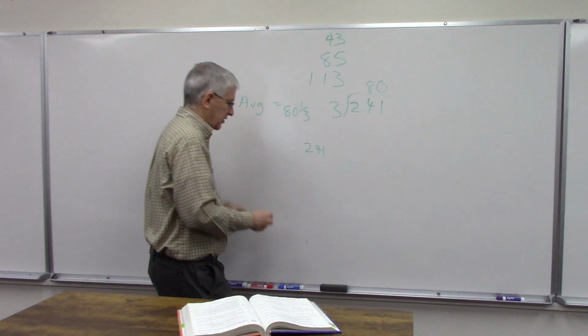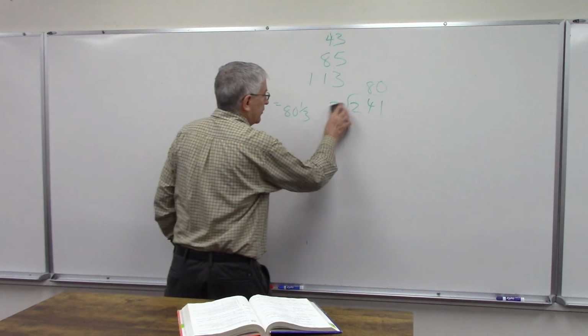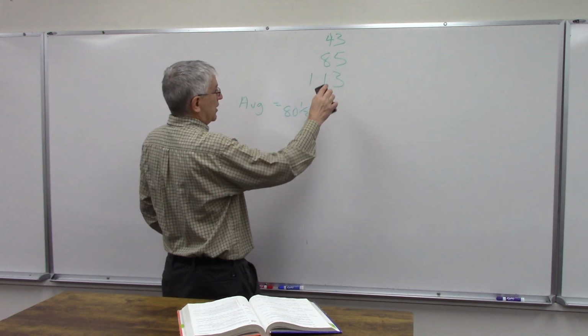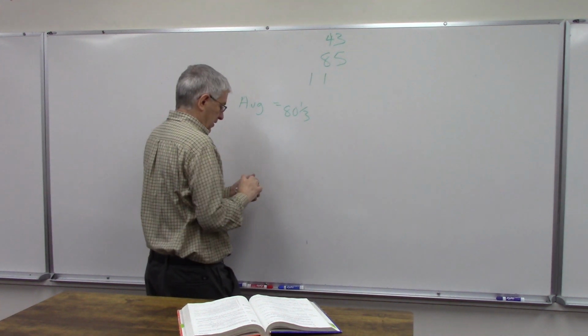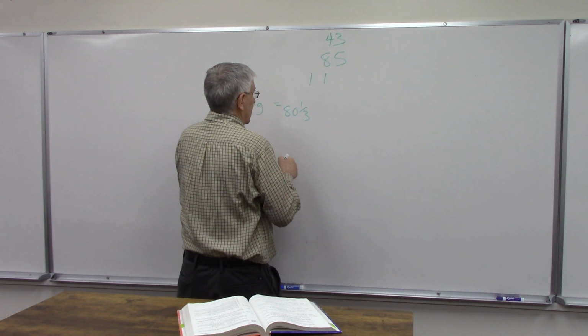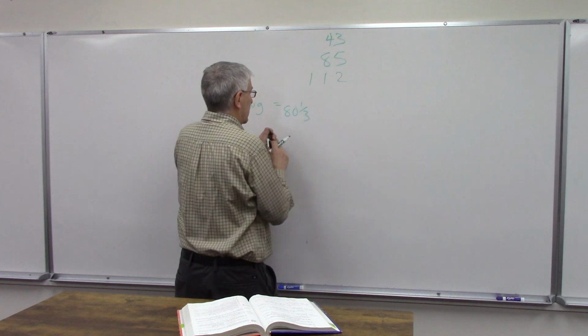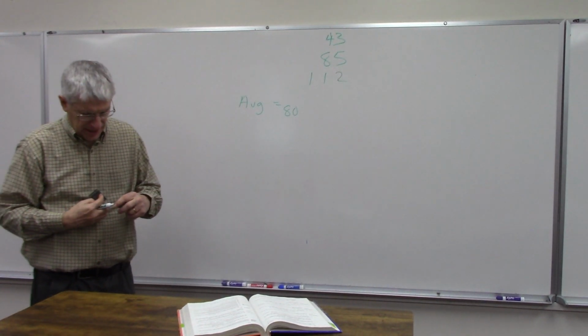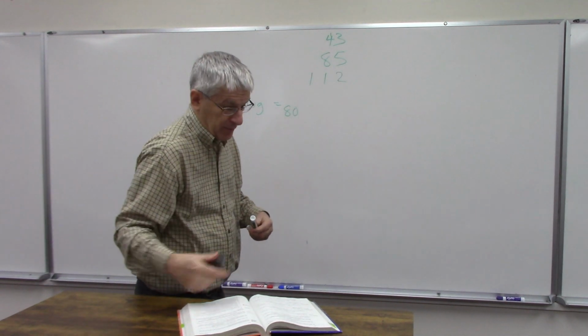In other words, let's say those are the Penn State running backs, and just for the sake of making an easy number, I'm going to take that down to 80. So their average was 80 yards that they ran throughout the game.